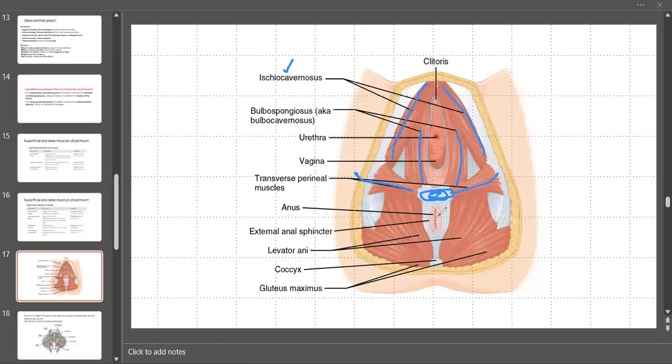What about ischiocavernosus? Very good, Dr. Sahar. There is an exam question in which they give you 5 options. This one, this one, this one, this one, and fifth option is ischiocavernosus. And what is their question? They ask, which structure has no attachment with the perineal body? So if you keep this picture in your mind and they repeat that question in the exam, you can easily solve it.